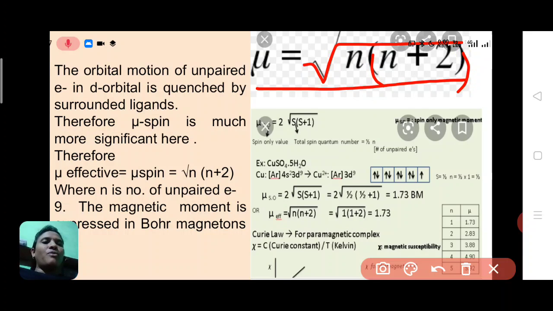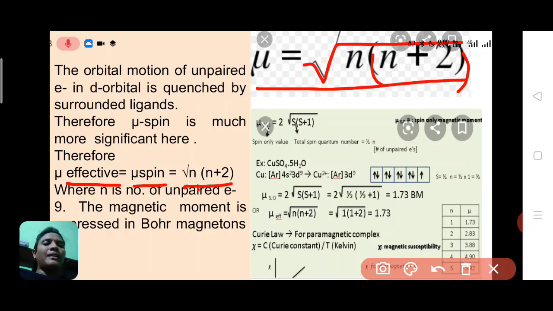This is the formula for spin magnetic moment, the calculation of spin magnetic moment of any electron. So here the effective magnetic moment depends only on the spin magnetic moment of the electron, and we use the spin only formula. This formula is called the spin only formula because the orbital magnetic moment is cancelled here due to the surrounding ligands.